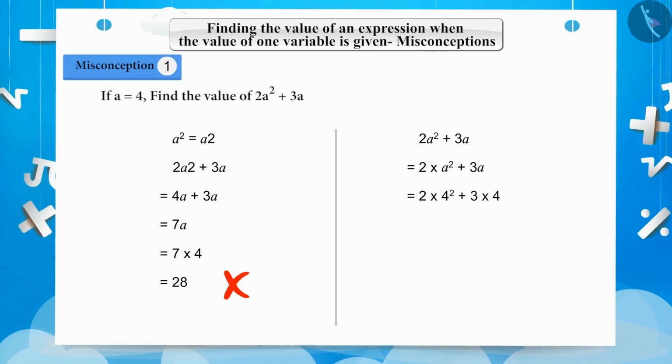To solve in the correct sequence here, we will first multiply 2 by 4 square, then multiply 3 by 4 and then add them both. 2 multiplied by 4 square plus 3 multiplied by 4 is equal to 2 multiplied by 4 multiplied by 4 plus 12 is equal to 32 plus 12. Now we will add 32 and 12, from which we will get 44. 44 is the correct answer.